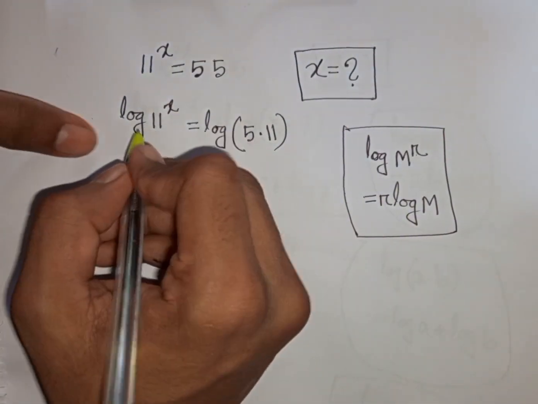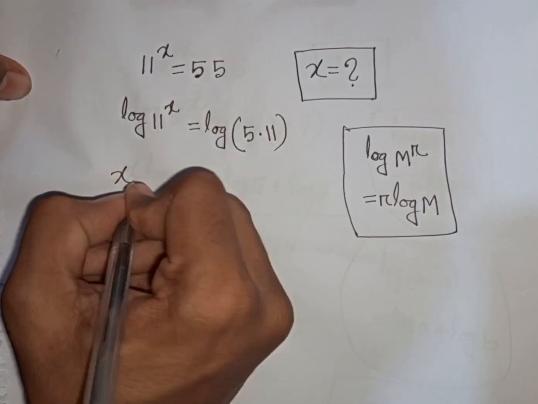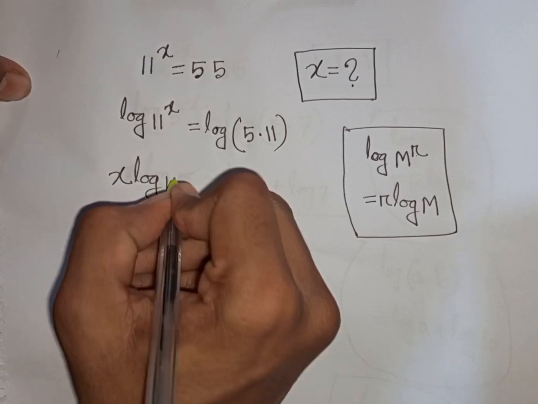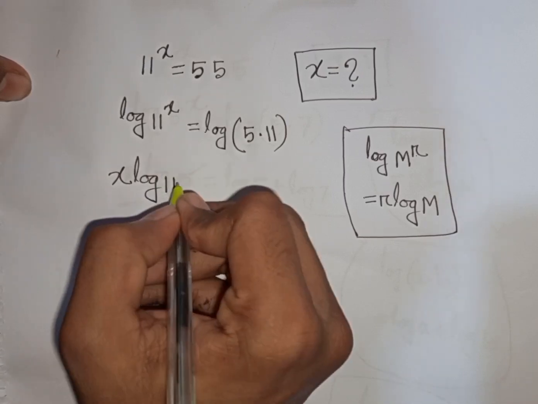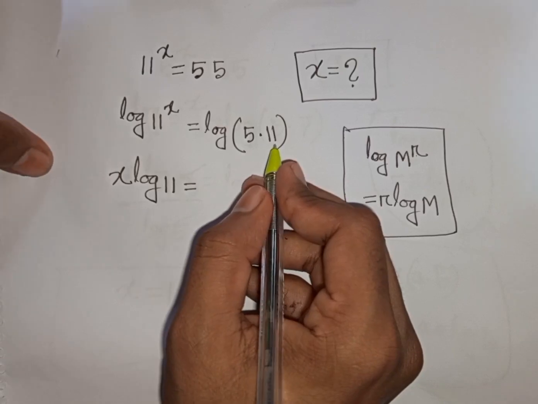According to this rule, we can compare here. This power x will move to the base. So it will be x log 11 is equal to log of 5 times 11.